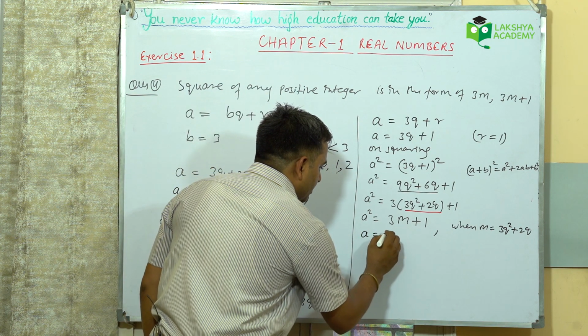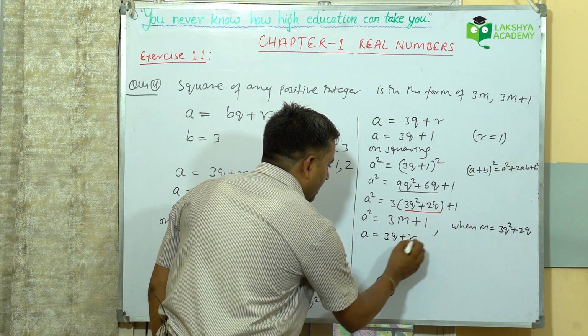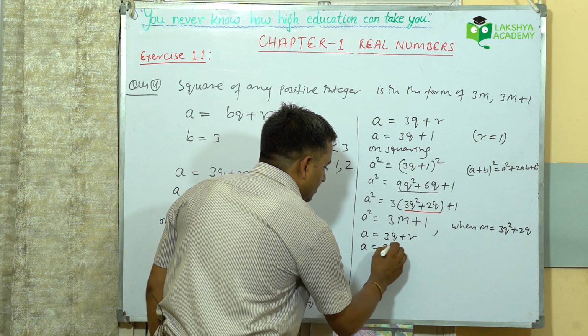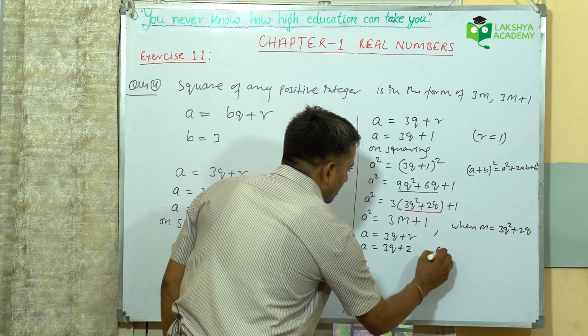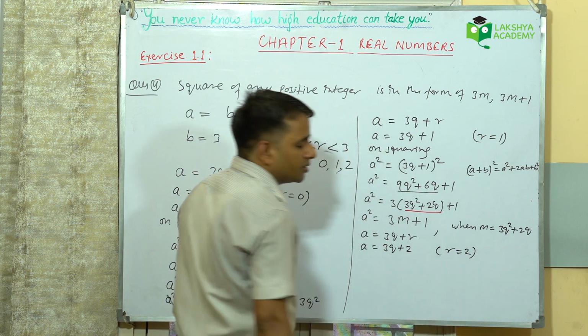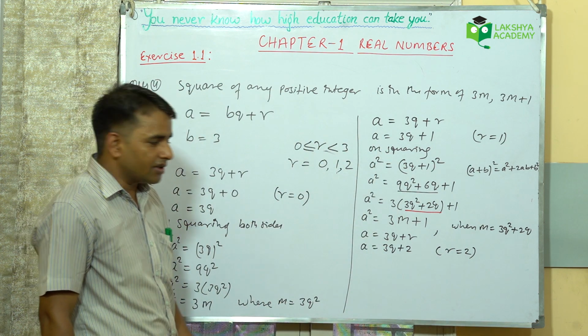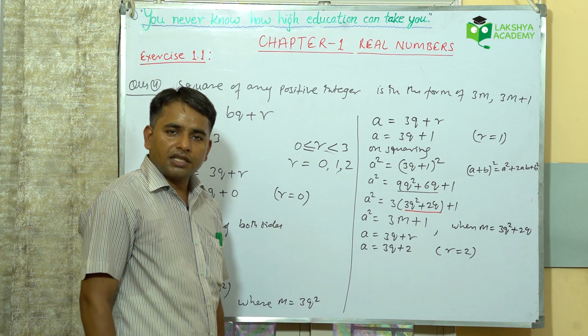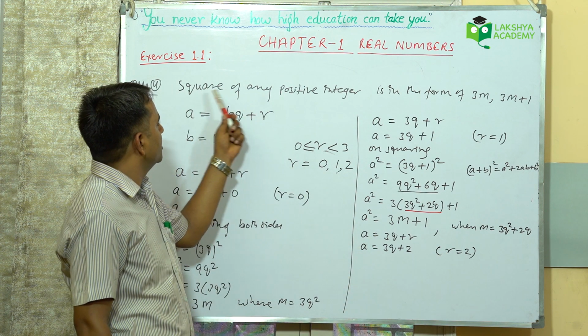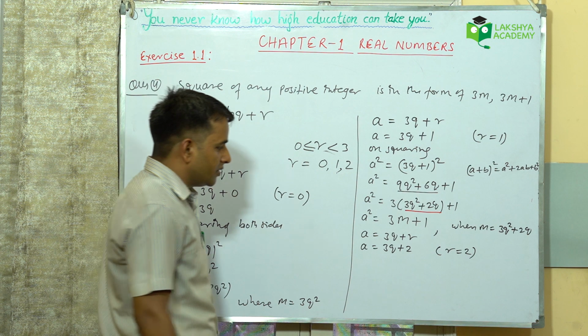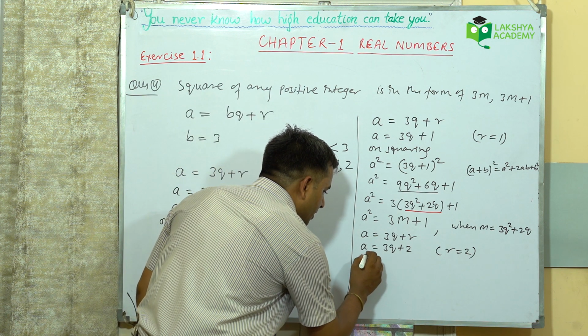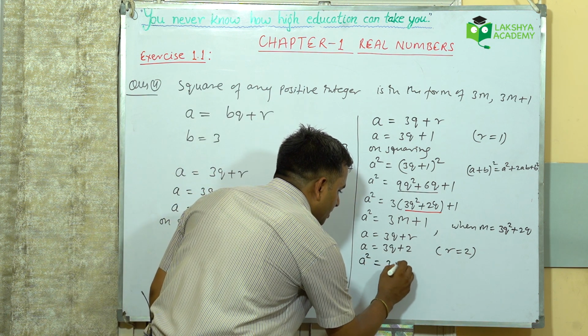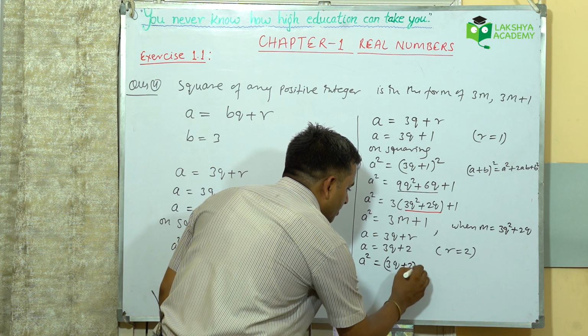So A equals 3Q plus R, A equals 3Q plus 2, taking R equals 2. Again squaring on both sides, because we have been asked for the square of the positive integers. A square will be equal to 3Q plus 2 whole square.